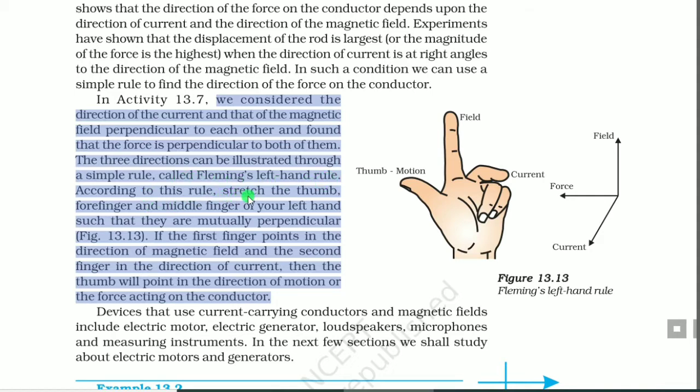According to this rule, stretch the thumb, forefinger and middle finger of your left hand such that they are mutually perpendicular, Fig 13.13. If the first finger points in the direction of magnetic field and the second finger in the direction of current, then the thumb will point in the direction of motion or the force acting on the conductor.